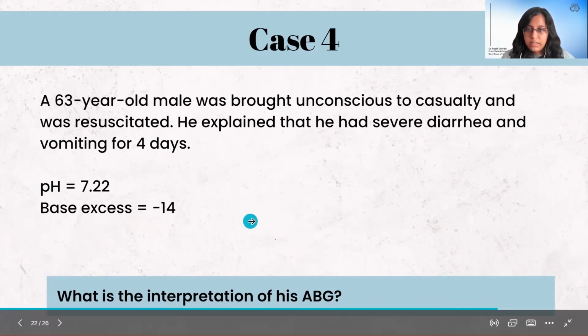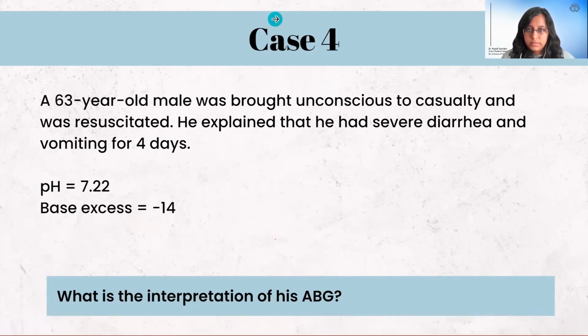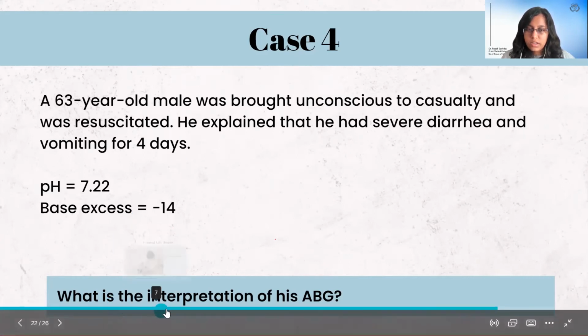Why is it metabolic? There is severe diarrhea na, and vomiting history. So the loss. Acidosis होगा. Yes. What were the causes of metabolic acidosis?